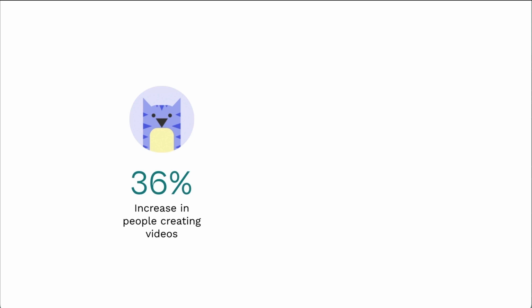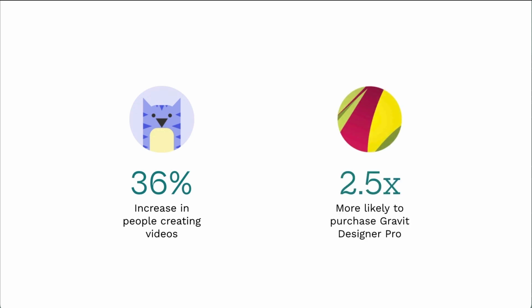And from a December 2020 case study, Corel Corporation's Gravit Designer Pro, a powerful vector design tool that also offers Windows, Mac, and Linux apps, saw PWA users are 24% more active than any other install type, account for 31% more repeat users than other platforms, and are 2.5 times more likely to purchase Gravit Designer Pro.